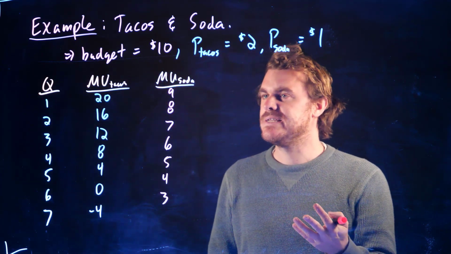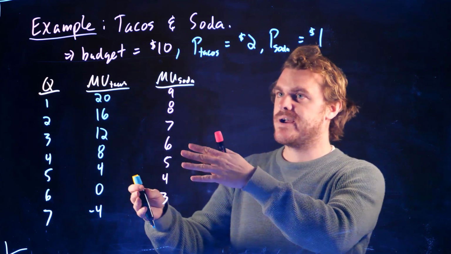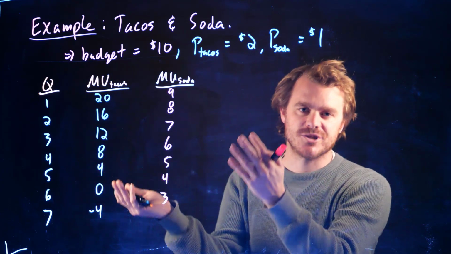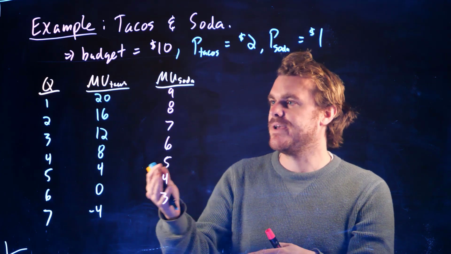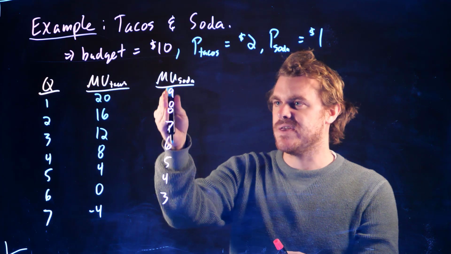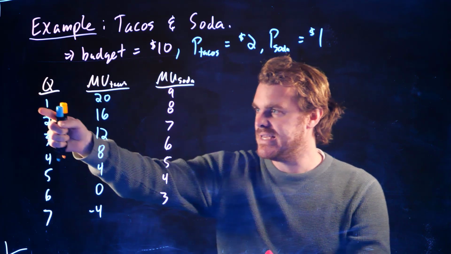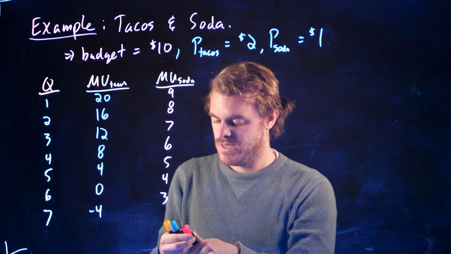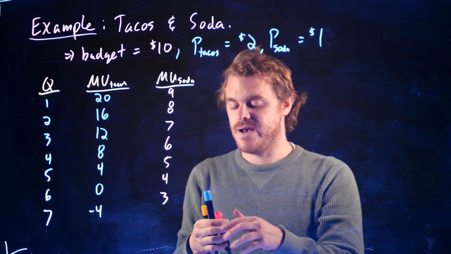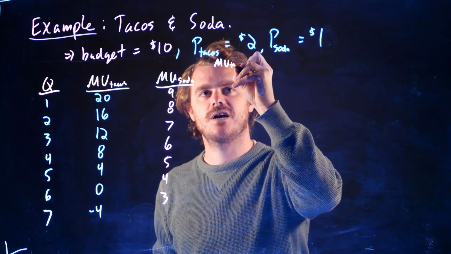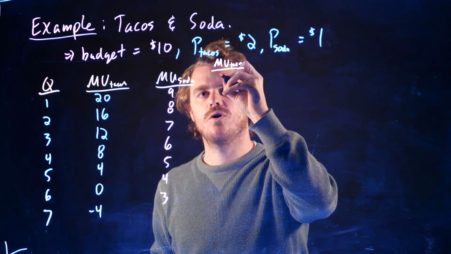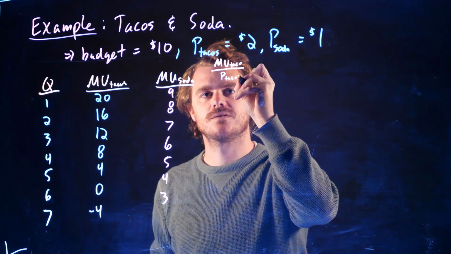Well, the first thing we need to do to figure out the combination, so now we have all the information we need, is figure out what the bang for our buck of each of these goods are, and at each quantity. So we want to come up with another column here, which is going to be the marginal utility of tacos over the price of tacos.